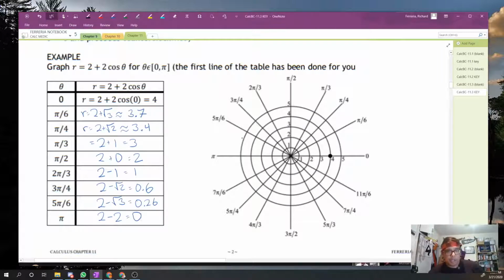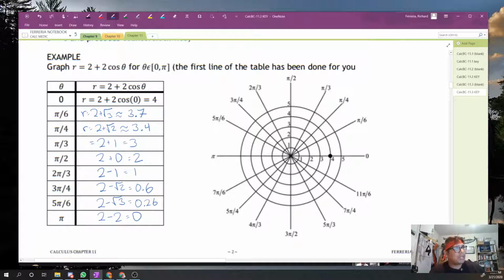You've got the chart all filled in with our cosine evaluated at the standard angles in the first two quadrants. I'm going to plot that second one for you, and notice the first one's already plotted for you. The second one is at pi over 6 radians, and a radius of 3.7.